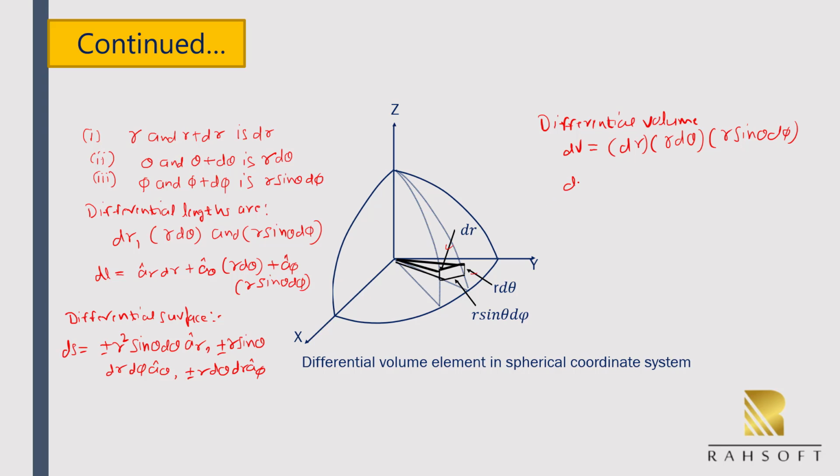So dV is equal to r square sin theta dr d theta d phi. This is the differential volume.